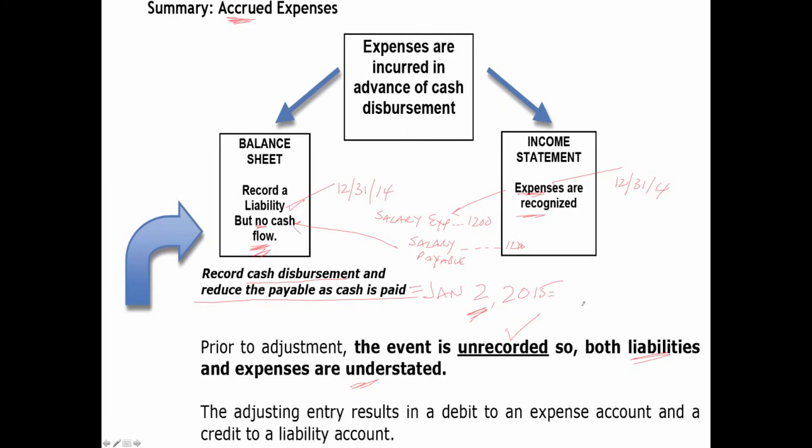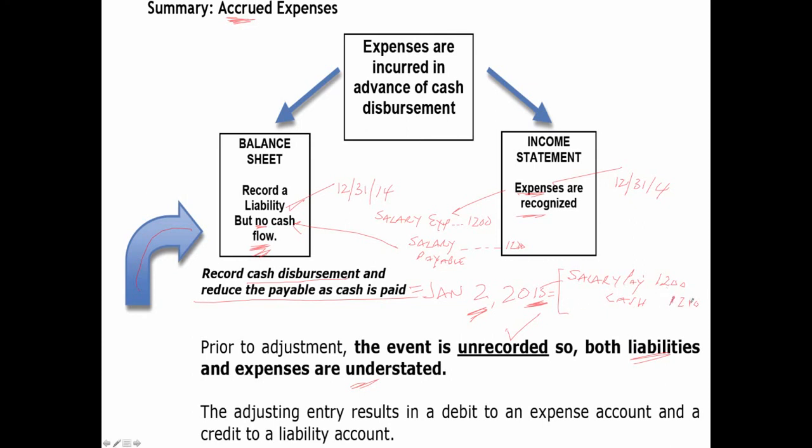And on January 2nd of 2015, when we actually pay this off, it's going to be a debit to salary payable and a credit to cash. Now remember, we're not on a cash basis. If we were on a cash basis, this expense would have shown up in the 2015 income statement, but it's not the case.